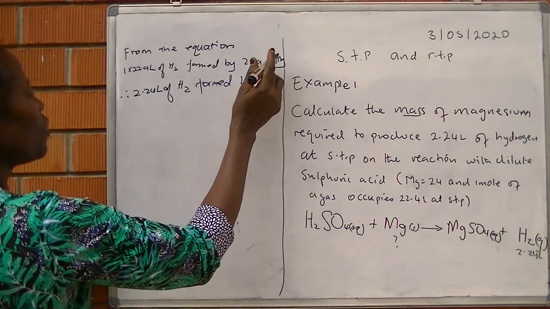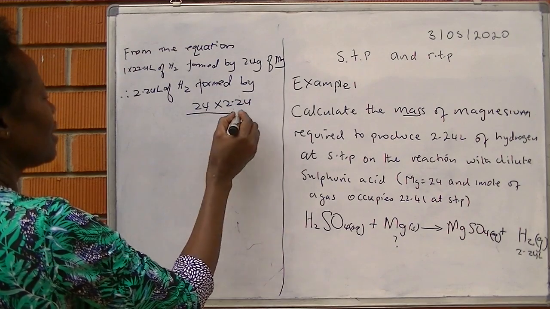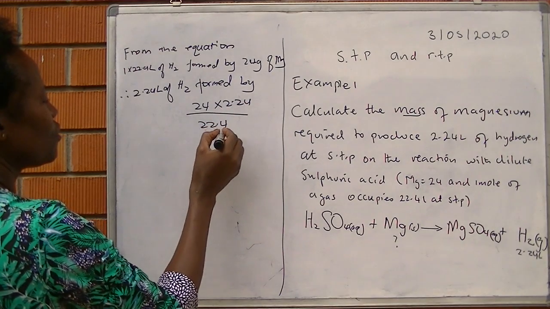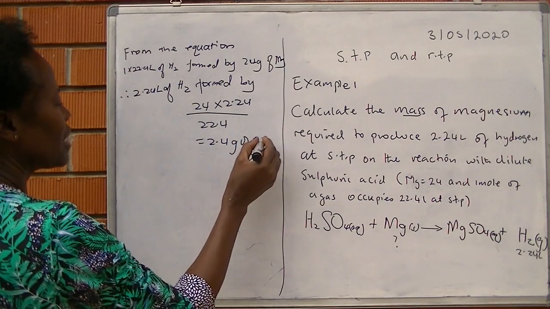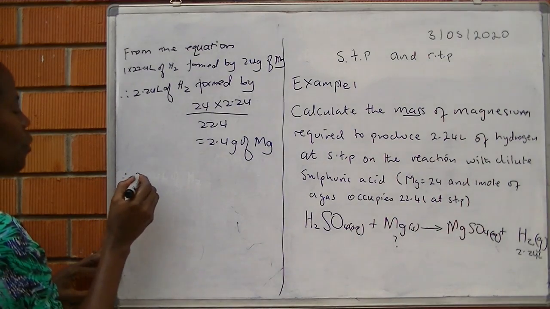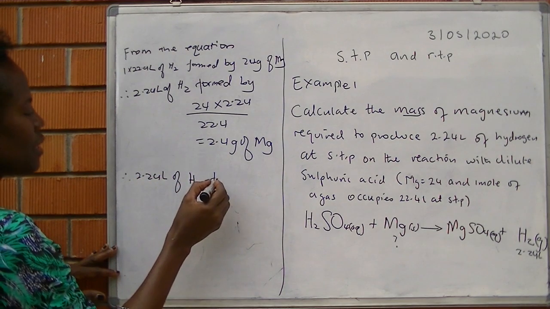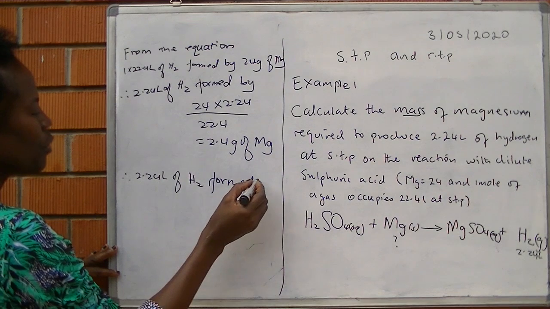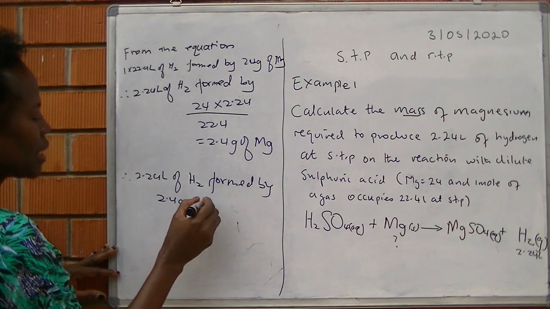We cross multiply: 24 times 2.24 liters over 22.4, which is equal to 2.4 grams of magnesium. Therefore, 2.24 liters of hydrogen are formed or produced by 2.4 grams of magnesium.